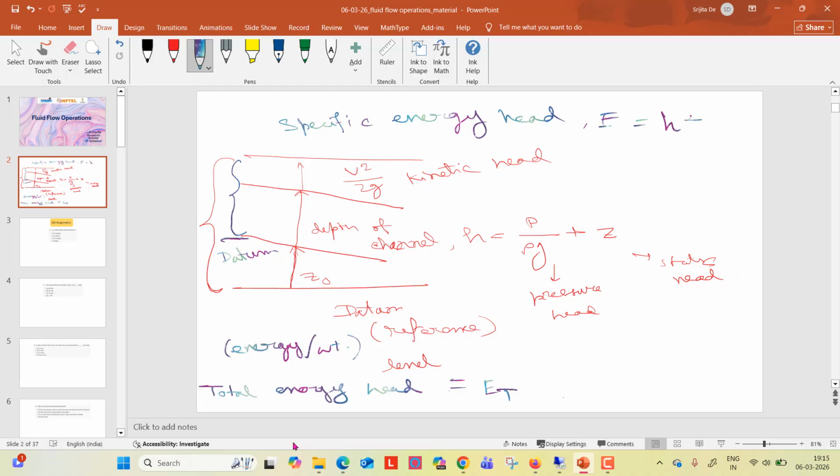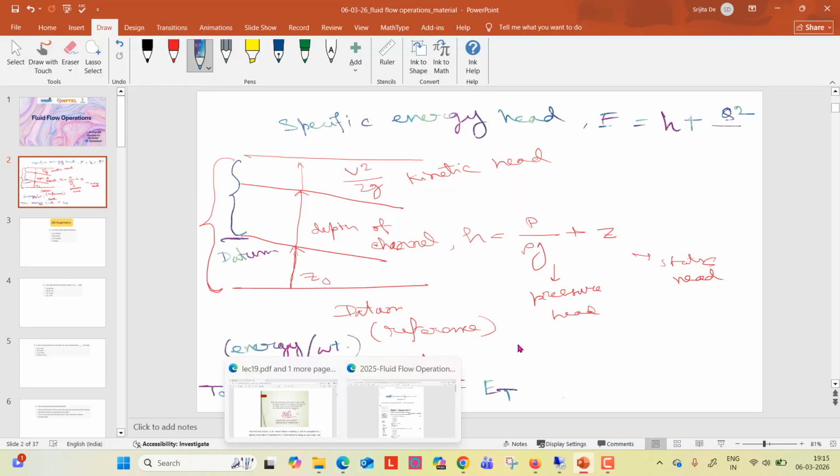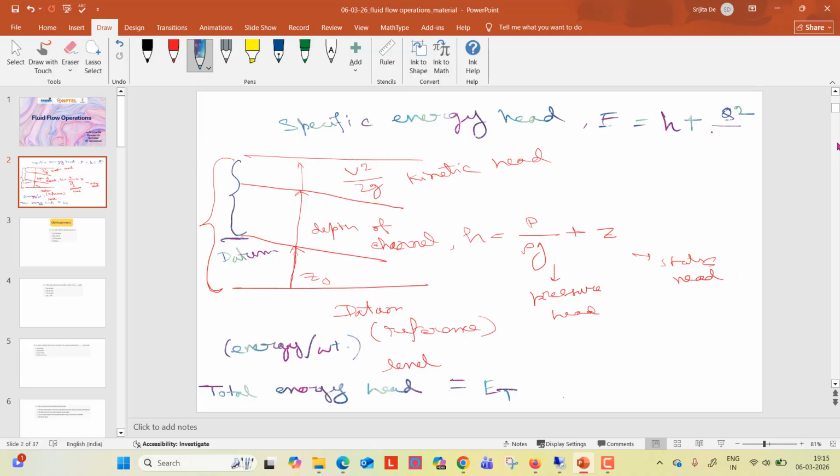This is H plus Q square by, what is written? Q square by 2g A square. We have seen that.